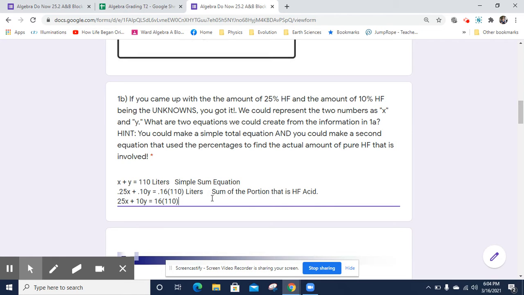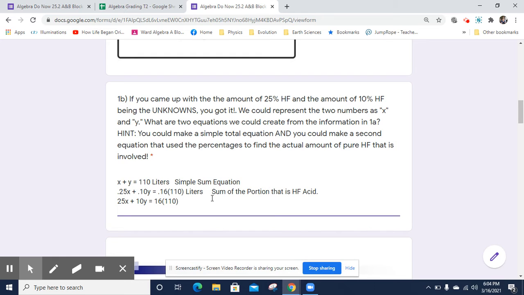And now I do need to work out what 16 times 110 is. 16 times 110 is going to be 160 plus 1,600, because that's 10 times 16 and 100 times 16. So that's going to be 1,760. So I'm going to go ahead and add that in there. 1,760.